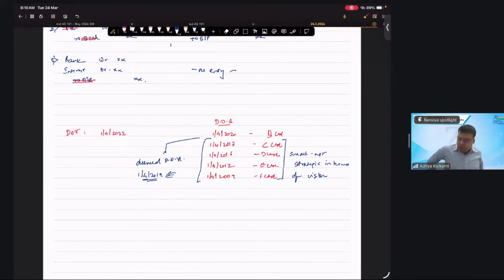Correct. Now, all these subsidiaries, I can take 1/4/2019 as the deemed date of acquisition and do the accounting accordingly. Do the business combination accounting. Is it okay?